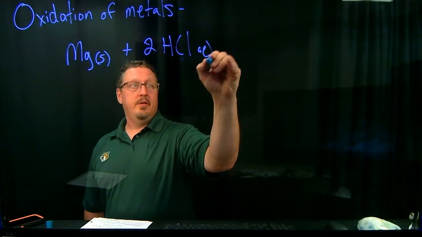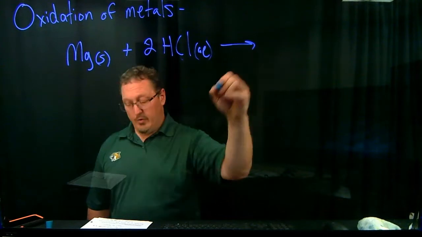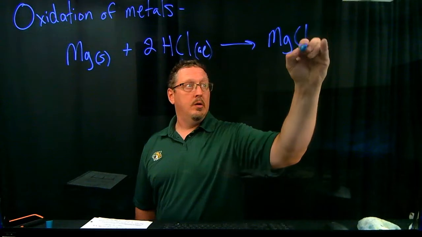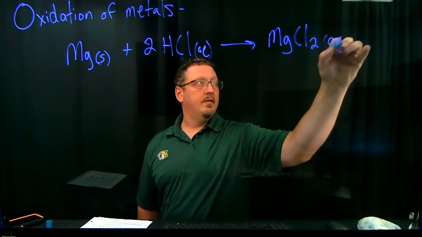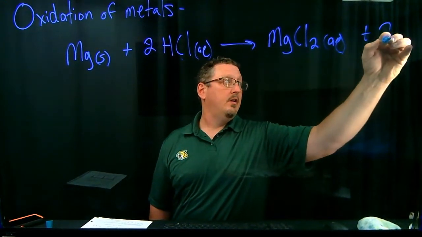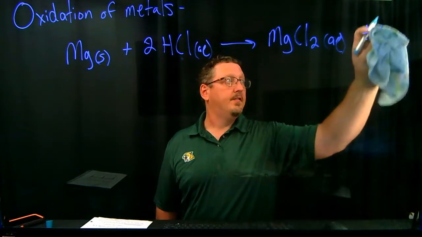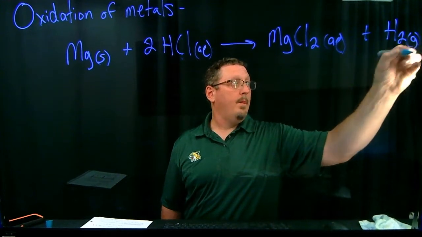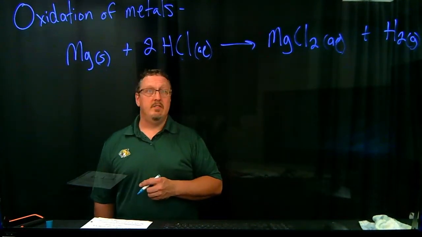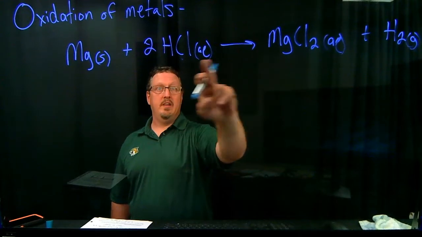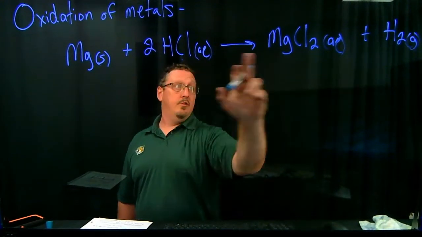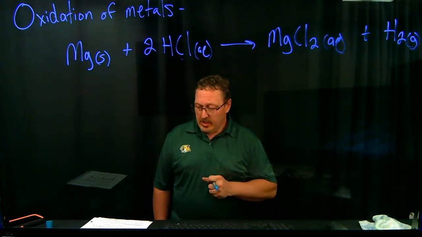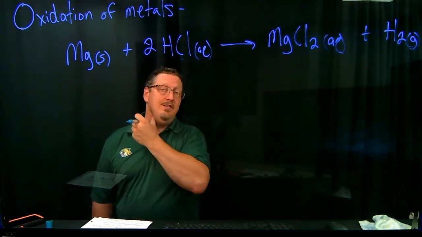This will make aqueous MgCl2, and it's going to make H2 gas. Okay, so am I balanced? One magnesium, two H's, two chlorines, two chlorines. Yep, we're balanced.